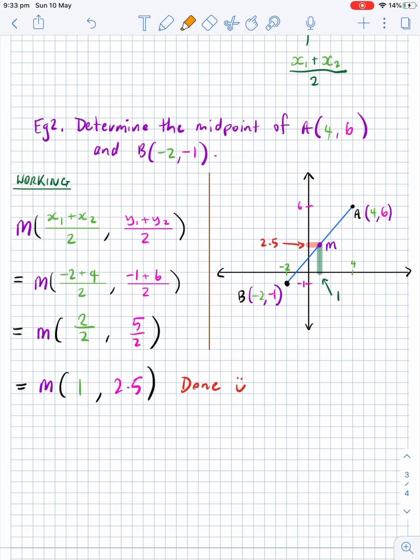And then we do the same thing for the y values. So minus 1 and 6, add them together, divide by 2, find the average of them. That gives you 5 over 2, which is 2.5. So that is going to be the y coordinate. So our answer is that our midpoint is the point 1, 2.5, which is right there.